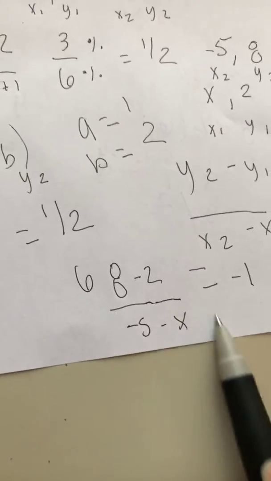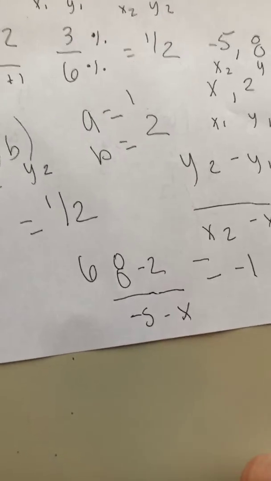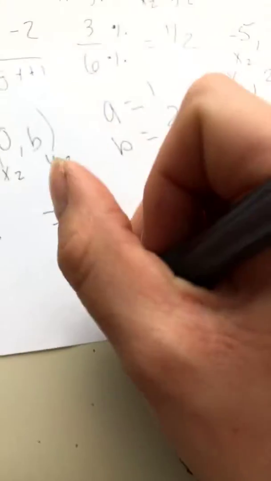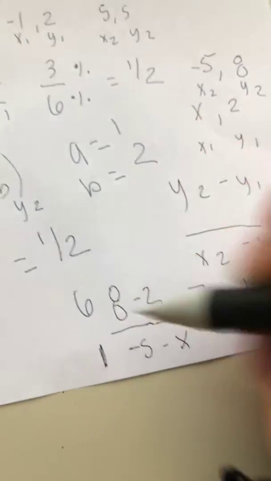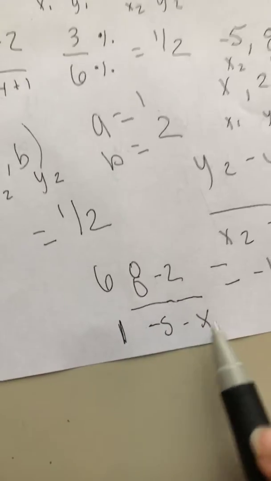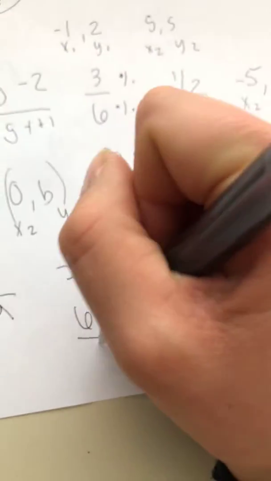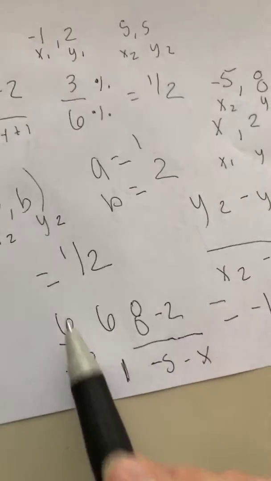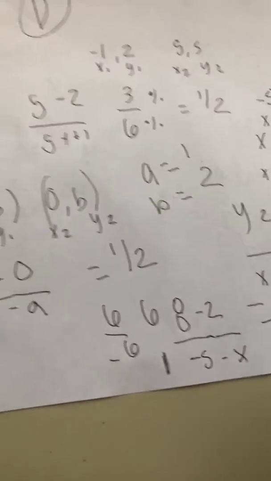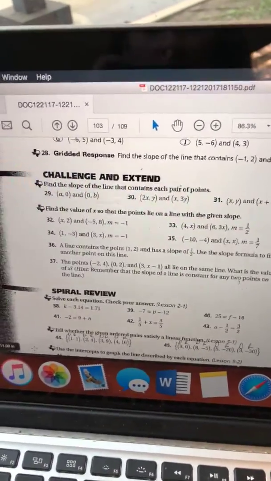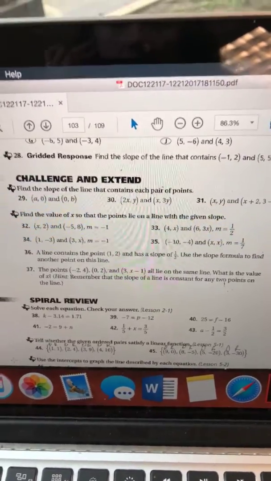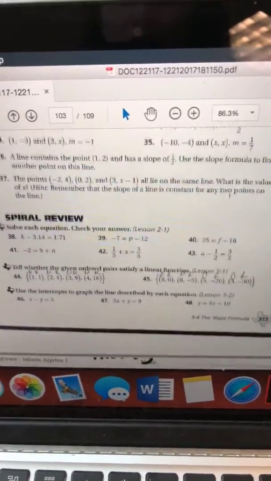How would I get this to equal -6? X would be +1 because -5 minus 1 is -6. 6 divided by -6 is equal to -1. So the x value in this instance would be 1. Okay, go ahead and try 32 through 37 with a partner, and then you'll move on to spiral review.